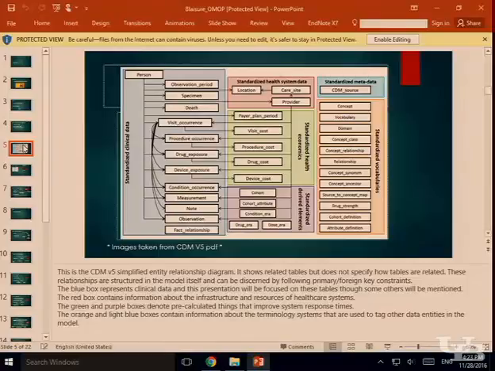The red box contains information about infrastructure and resources of a healthcare system. The green and purple boxes denote pre-calculated things that help analytical software run faster. The orange and light blue boxes contain information about the terminologies that are being used, the concepts that the data entities are being tagged with.